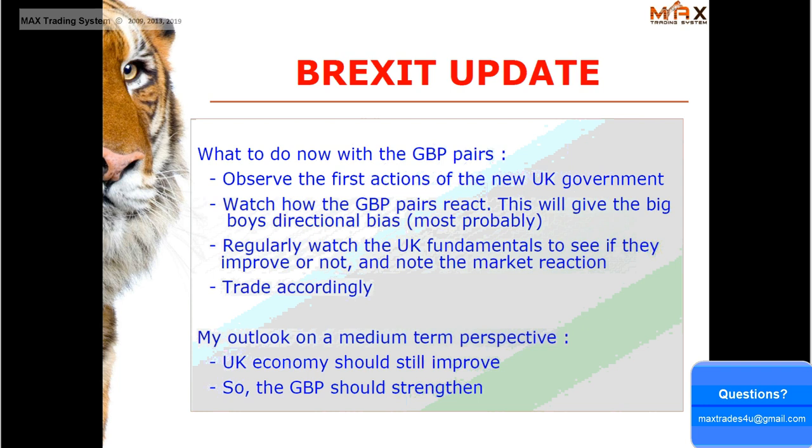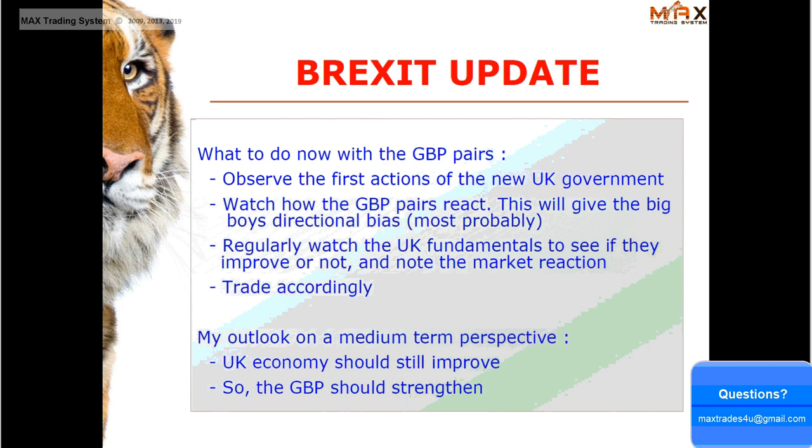But on a medium and long-term perspective, I believe, and history has always shown that, the pound stays slightly range-bound. It depends what you call range-bound, because we may have a very large range, okay?